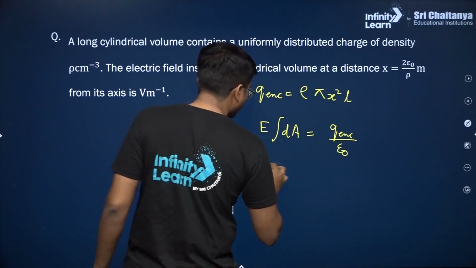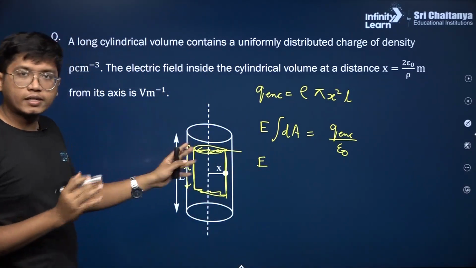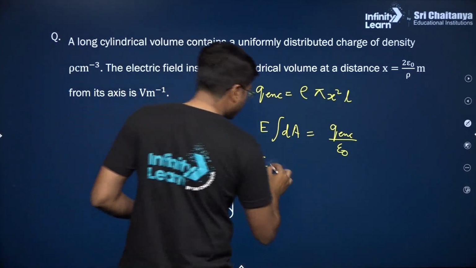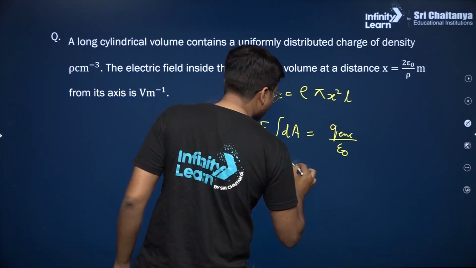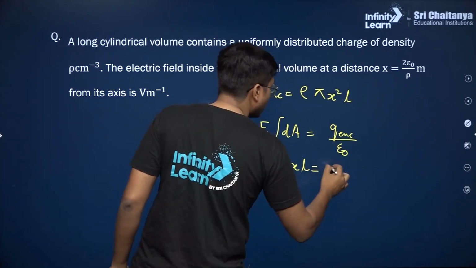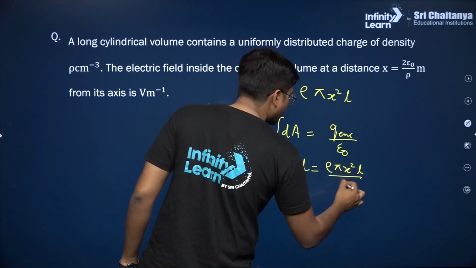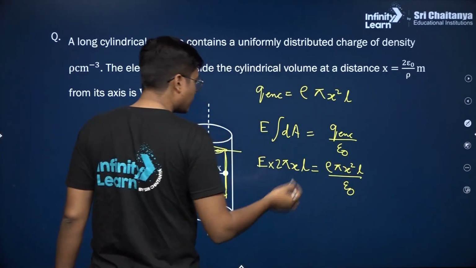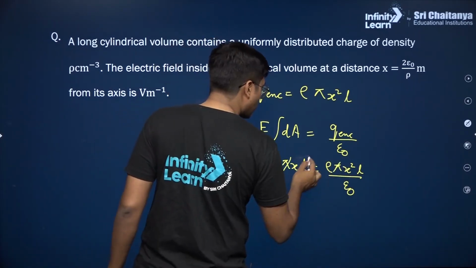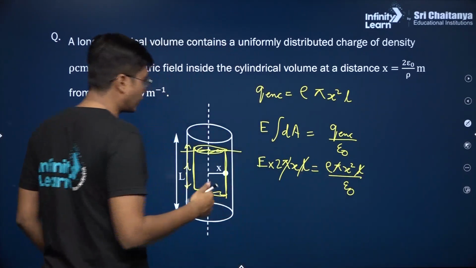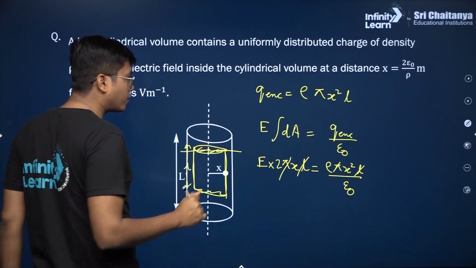So E into, like I said, is the curved surface area of that cylinder, that is 2 pi RL. 2 pi XL is equal to rho pi x square L by epsilon naught. Some things are going to cancel out: your pi's are cancelling out, the L cancels out. That's good because L was just a hypothetical length we had taken.